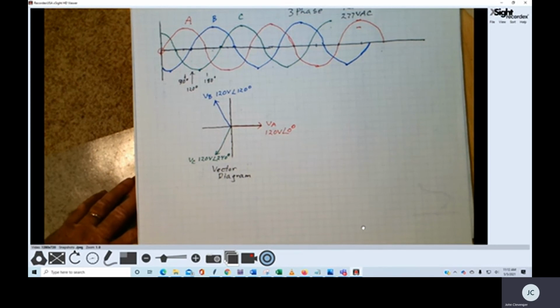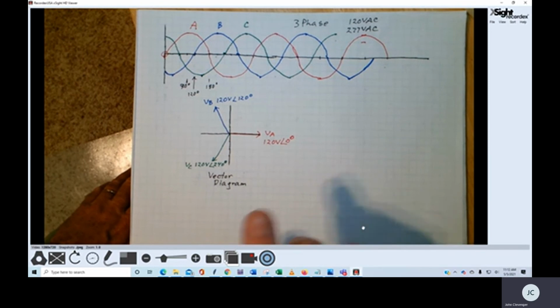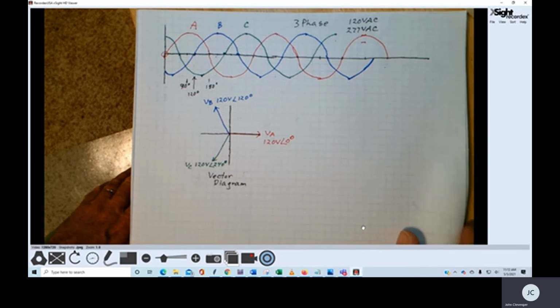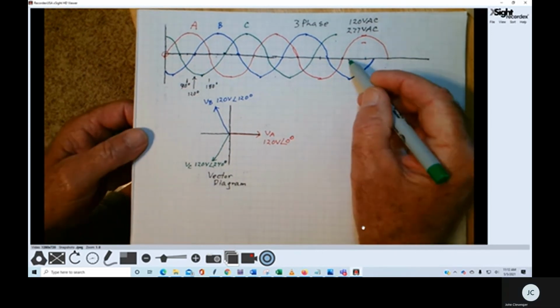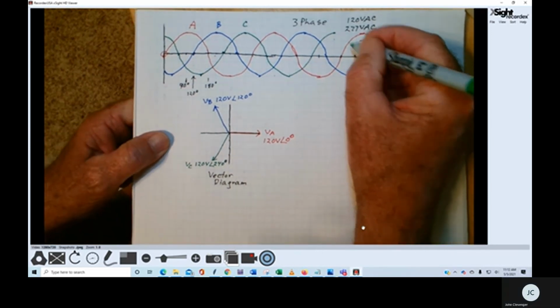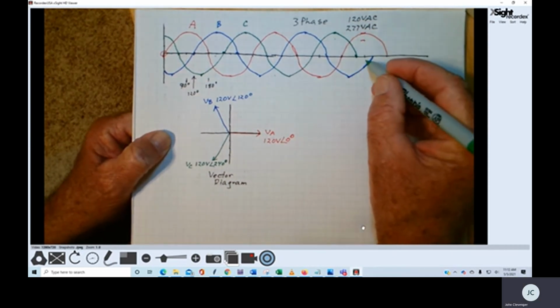So it's really much easier mathematically to represent these three phases of electricity using a vector diagram than it is to try to sketch out these individual sine waves, as we saw earlier. Phase C feels kind of left out here.